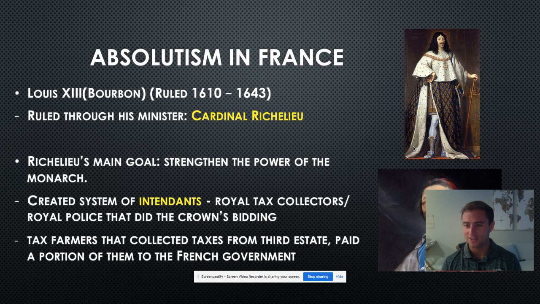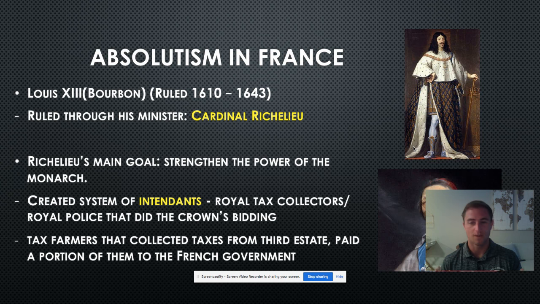Now, in France, we have the Bourbon family ruling over the throne, of course, and we start with Louis XIII. And what Louis XIII is going to do that is very smart, and we learn very little about Louis XIII, but one of the things that he does is he rules through a cardinal. He rules through a Catholic official, and by doing this, this helps him get the power and respect of the people, because then the people view the king, they view the royalty as having the will of God, right?